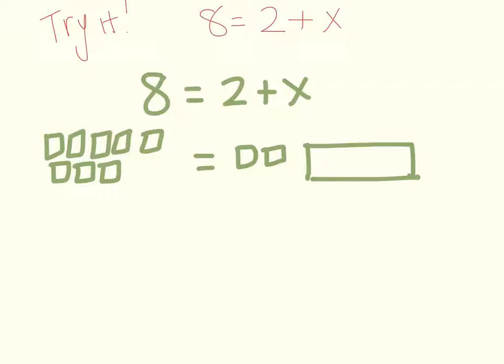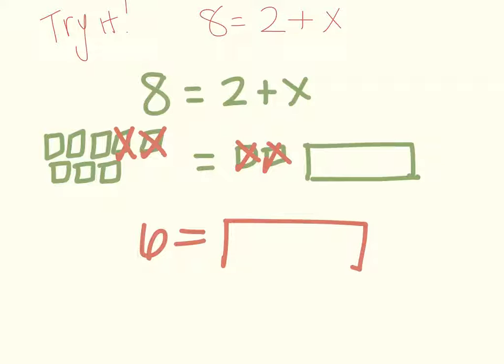I need x by itself, so I'm going to remove 2 tiles from the right side, as well as 2 tiles from the left side to keep it balanced. That will leave me with 6 tiles and 1 variable. So x equals 6, which, plugging it back in, makes our equation true.